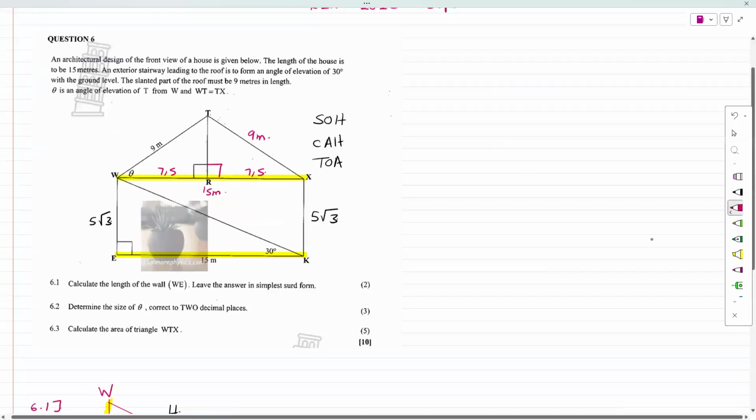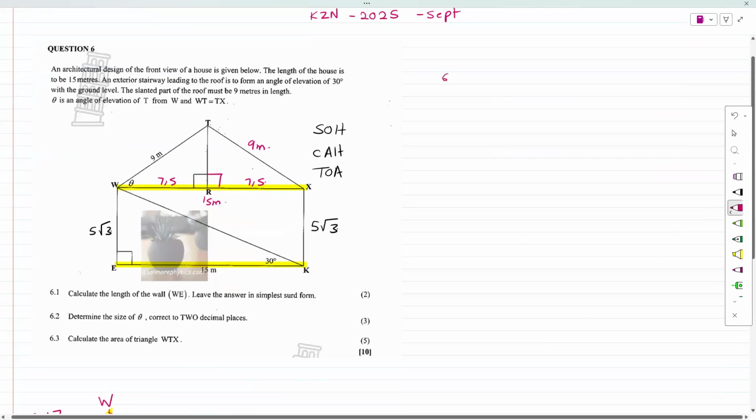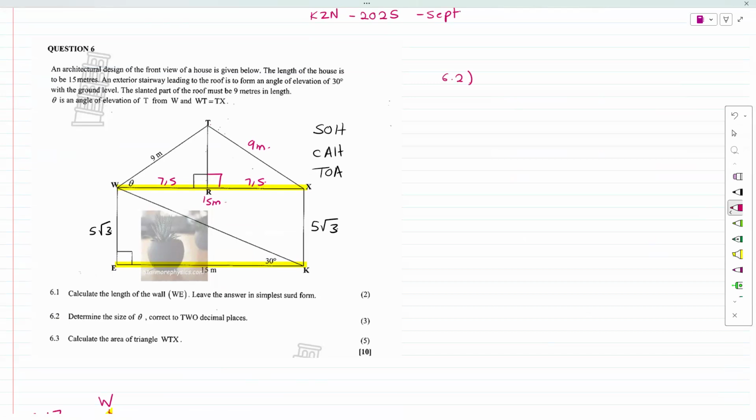6.2 states determine the angle theta, correct to 2 decimal places. Now theta is on the top. Most likely theta is on both sides, but we don't need both sides. Let's just do this. That's W, that's T, and that's R. That's theta. That's 9 meters.